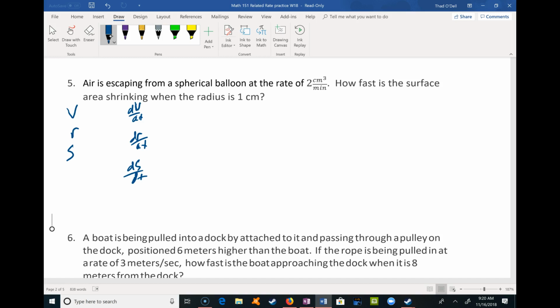The surface area and radius. Why do we care about surface area? That's what the question's asking. And why do I care about the radius? That's our snapshot. We know the radius at a certain point. Good. So what is that 2 cubic centimeters per minute then?